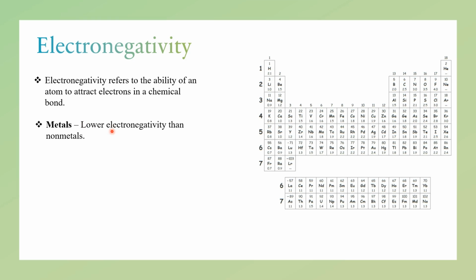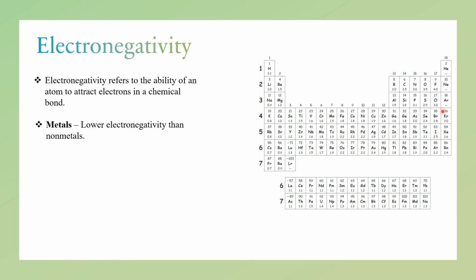Metals have lower electronegativity than non-metals because metals favor electrons less. Metals like to lose electrons, always forming positively charged ions, or cations. Non-metals, on the other hand, like to gain electrons. They favor electrons. By gaining electrons, non-metals form anions, or negatively charged ions.